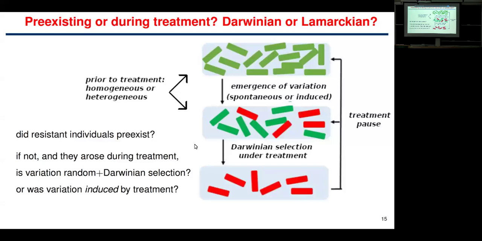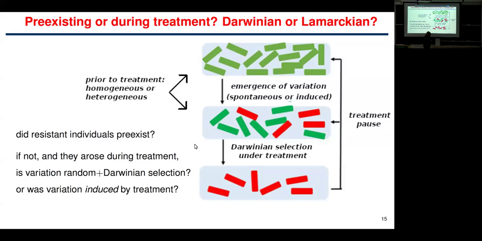Not good, because then we can't kill them with the therapy that is being used. And that step of going from here to here, you could argue, is sort of Darwinian selection under treatment. Our fitness has changed because now we have an environment that is not friendly to the sensitive guys, and they get killed and the other guys survive, survival of the fittest.